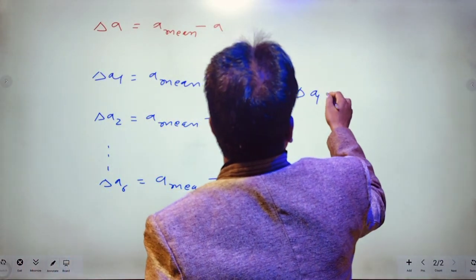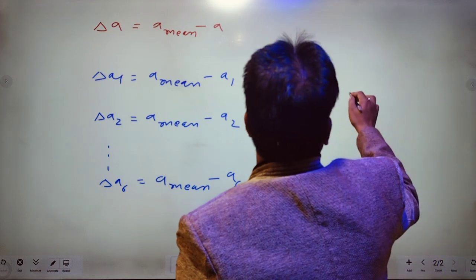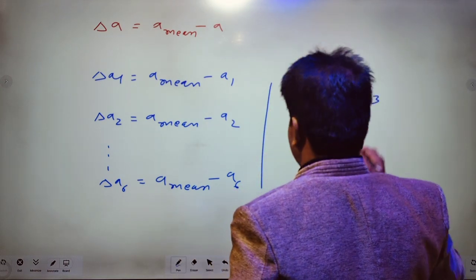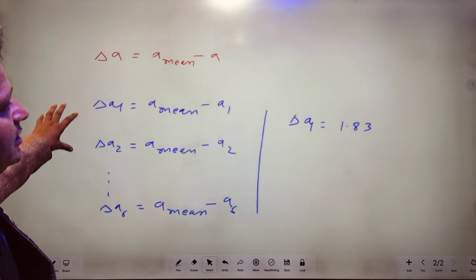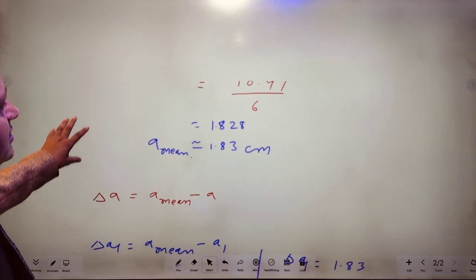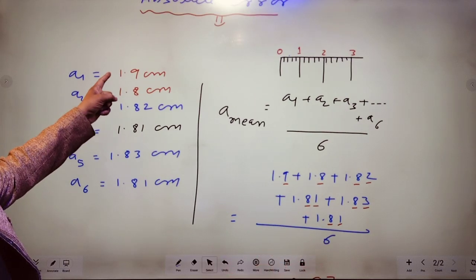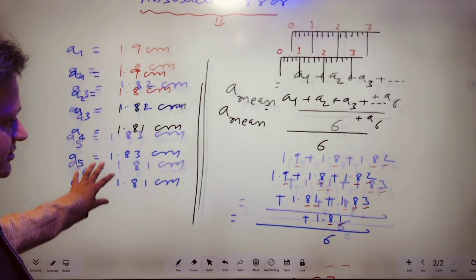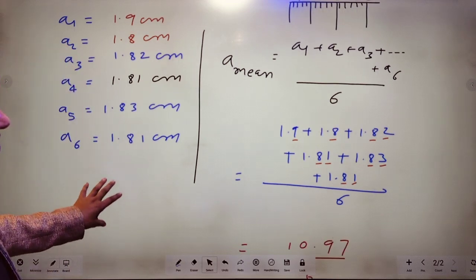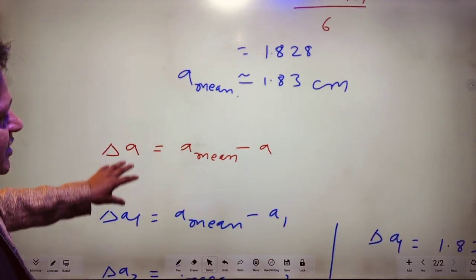Delta A1 is equal to A mean, which is 1.83, minus the first measured value, 1.9. These are measured values, and this is the mean.